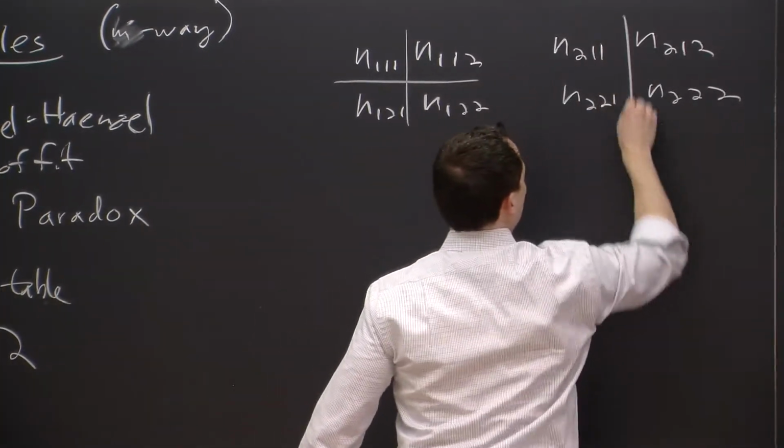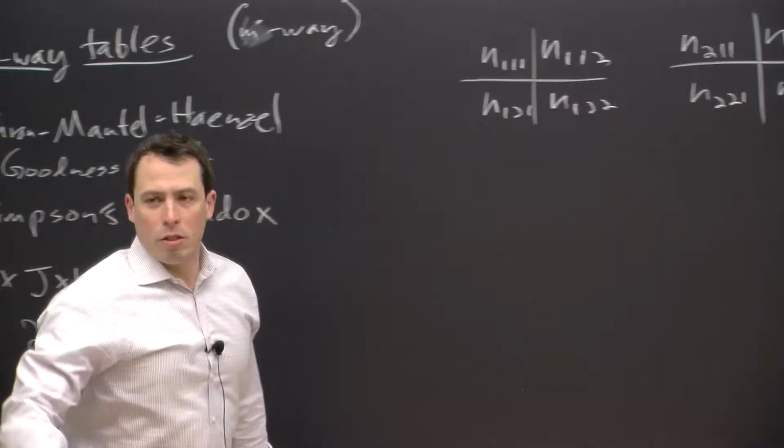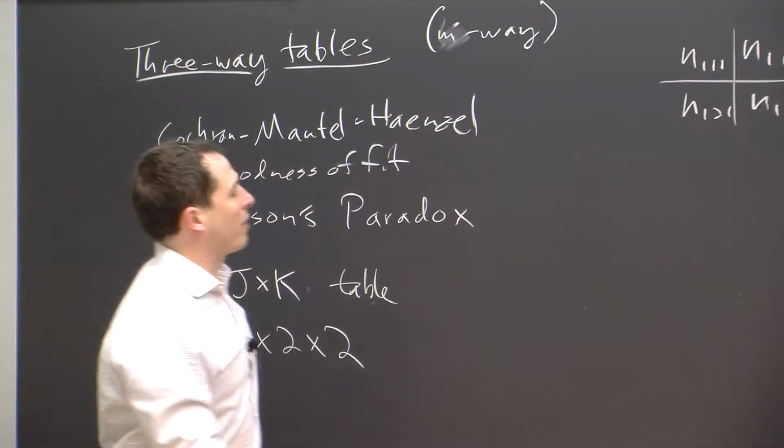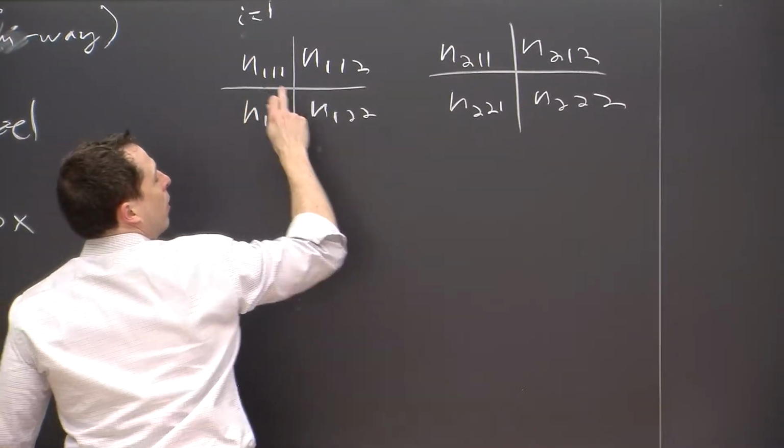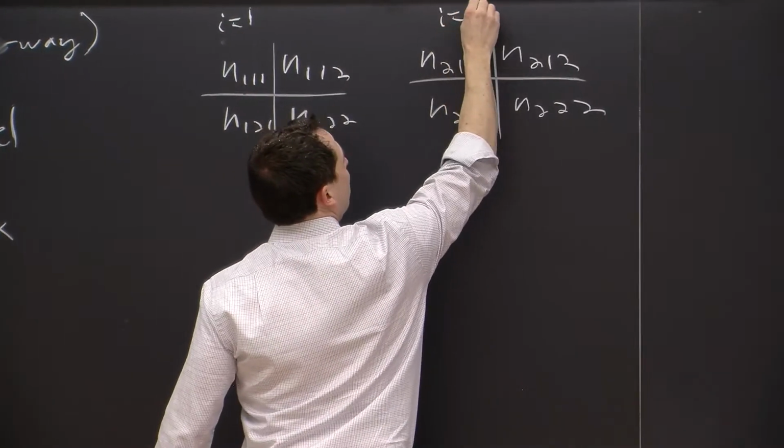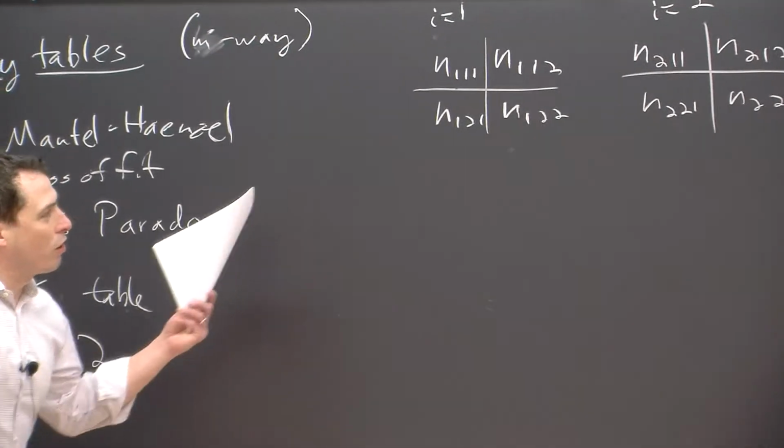We can think about this as broken up into 2 by 2 tables in various ways. This breaks it up into the first index I equal to 1 or equal to 2, for example, but I could have chosen any of the indices.